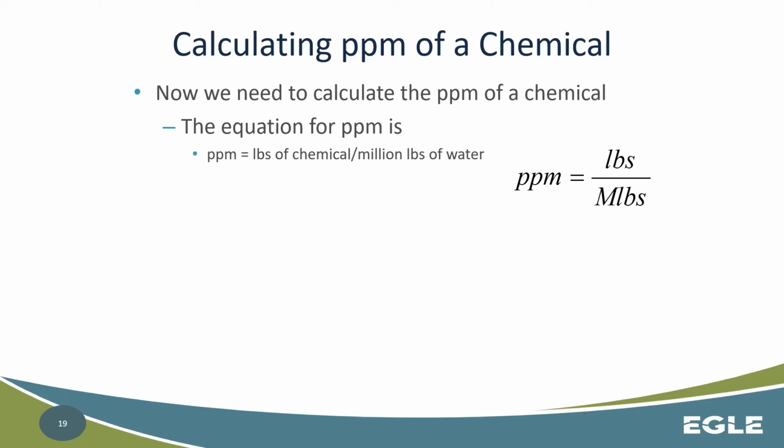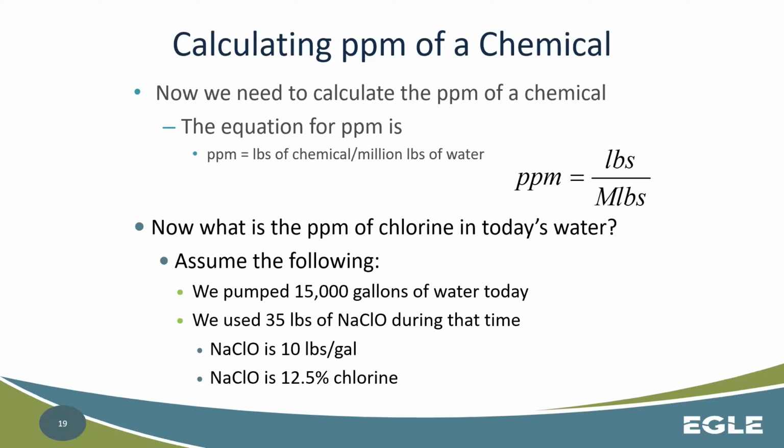So let's take a look at one of these examples of calculating parts per million of a chemical. The equation for parts per million is equal to the pounds of the chemical per million pounds of water, right? So now let's take a look at a certain situation. Let's assume we are pumping 15,000 gallons of water today, right?